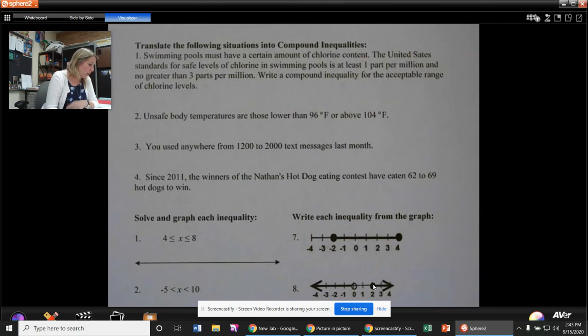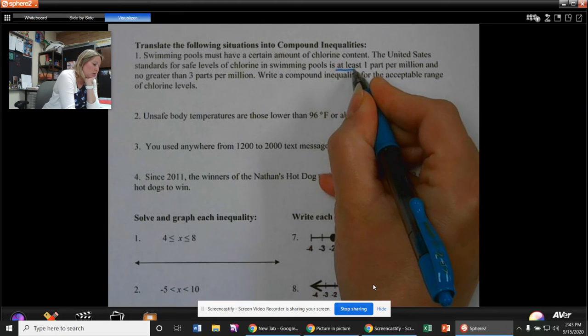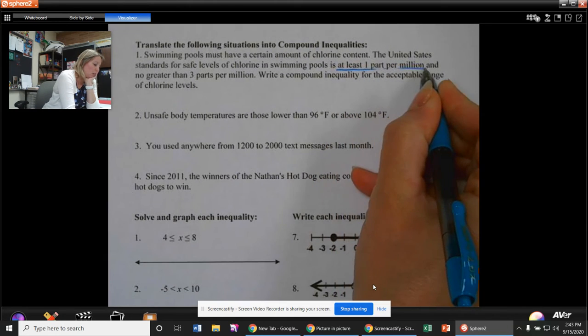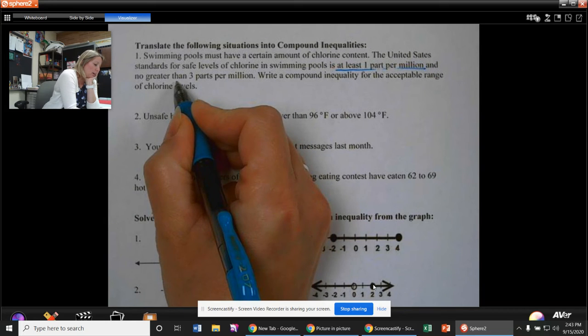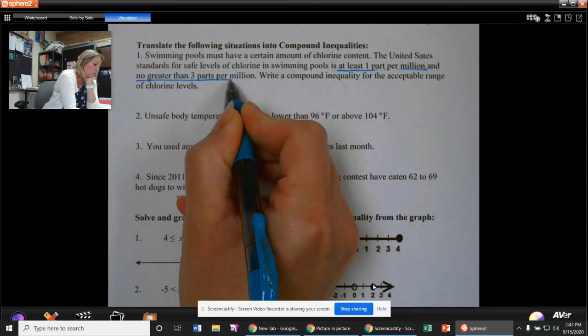Okay, here goes. Swimming pools must have a certain amount of chlorine content. The United States standards for safe levels of chlorine in swimming pools is at least, feels important, 1 part per million, and no greater than 3 parts per million.